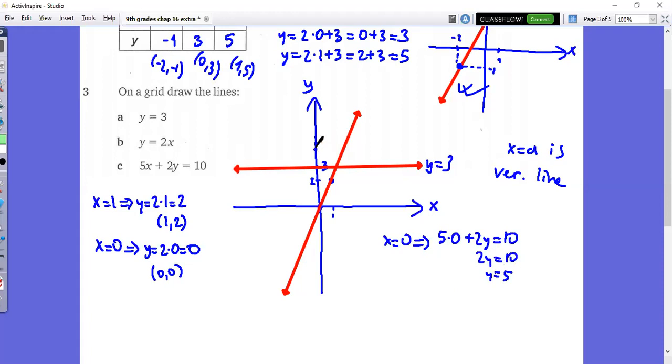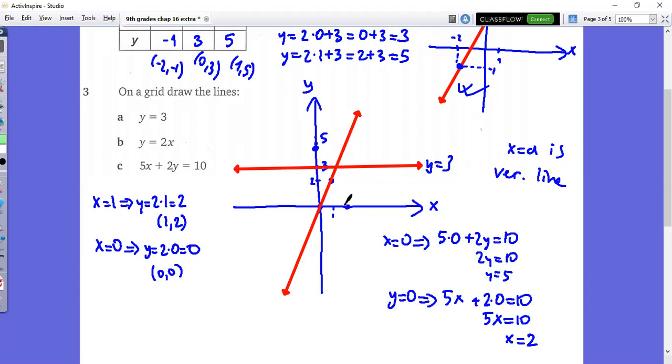I need to draw it here. So 5. And how about the x-intercept? To find the x-intercept, we need to substitute 0 for y. So 5x plus 2 times 0 equals 10. That's 0. 5x plus 0 is again 5x. That's 10. So 5 times what is 10? 2. So the x-intercept is 2.